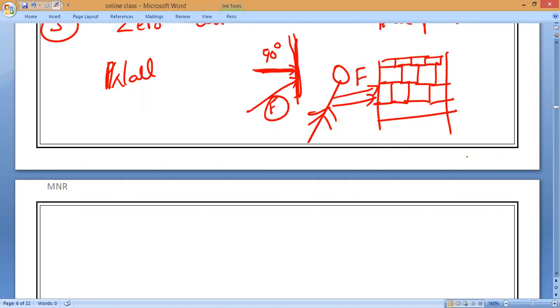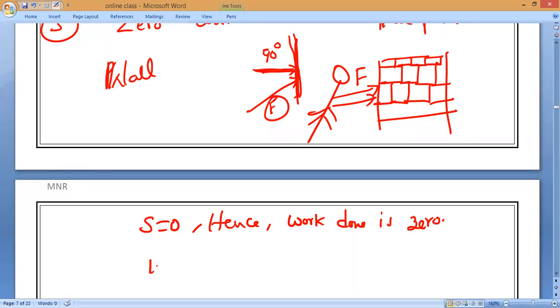If S is zero, hence work done is equal to what? 0, sir. That is, work done is zero. So we write W equals F s cos theta, which equals 0 joules. You have to remember. Clear?